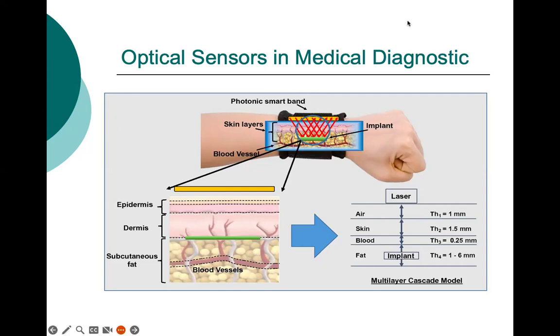So there is interaction between the light bombarded from the system and the implant in the body, and when it goes back, you can see that there is an arrow going back.